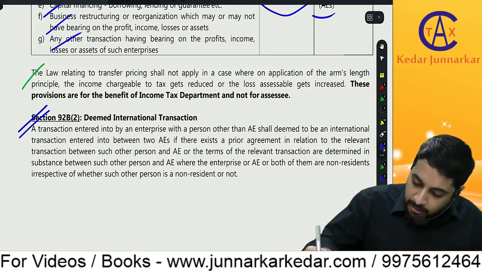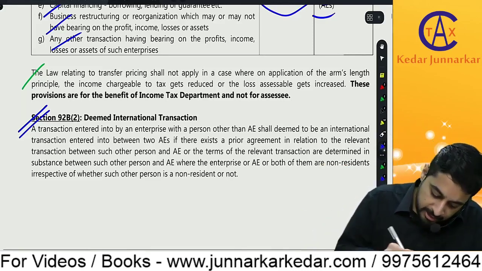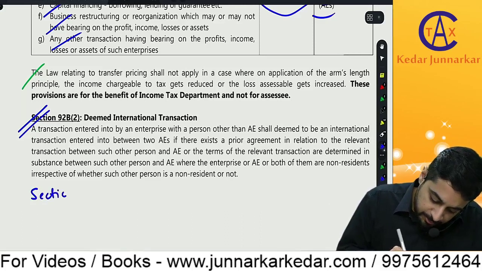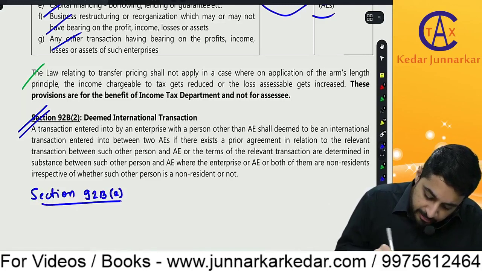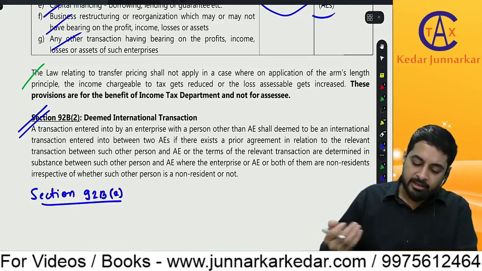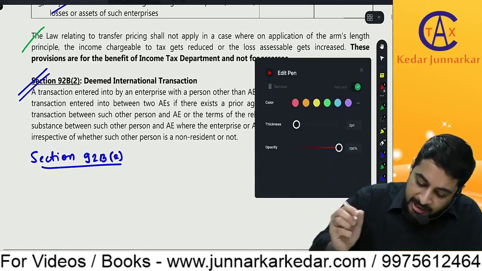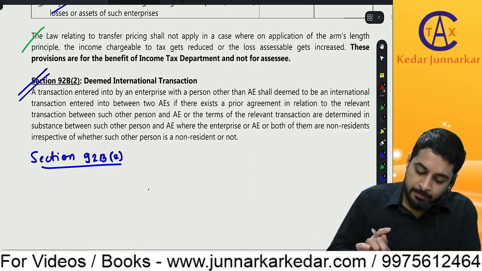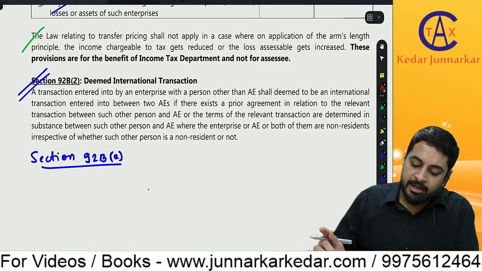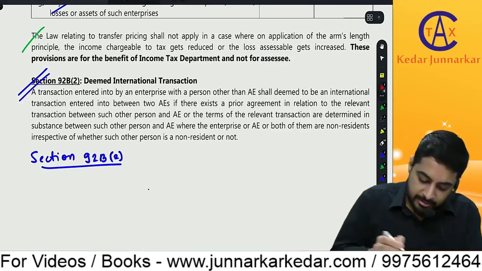So don't write, I'll give you time to write later on. It is a play of words here, because if I keep on reading, you'll feel that we are getting confused. So here, who are AEs? Sorry, A Limited and B Limited are not AEs.